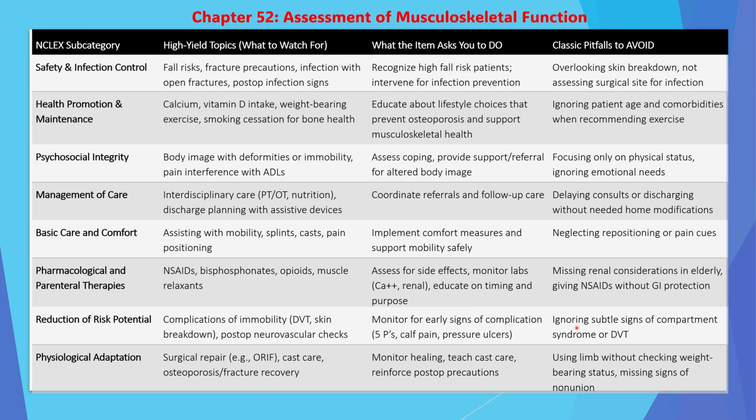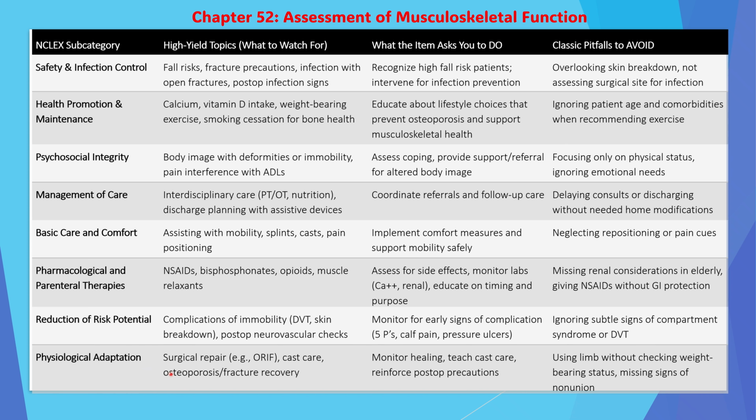Classic pitfall is ignoring subtle signs of compartment syndrome or DVT, which is very important, especially for post-op and people that stay a very long time in bed. Make sure, and it's also related to fall risk and weight bearing, so they're all like a domino here, and they correlate to each other.